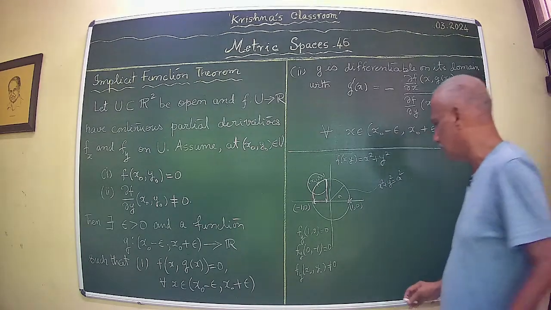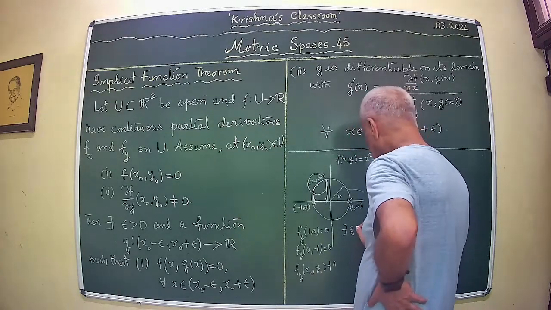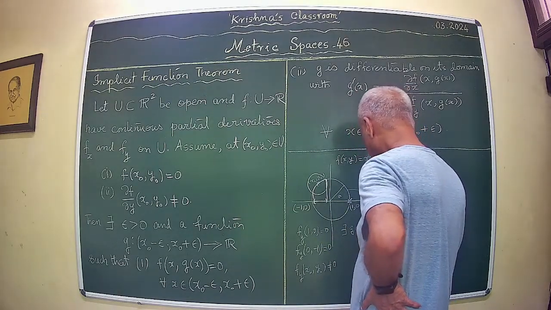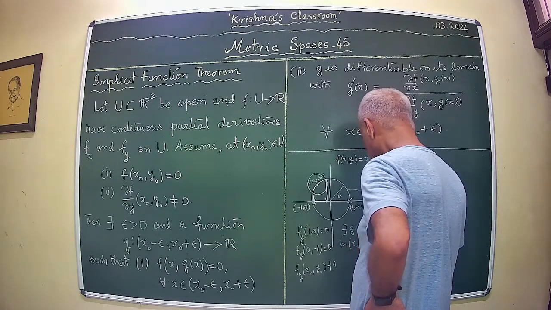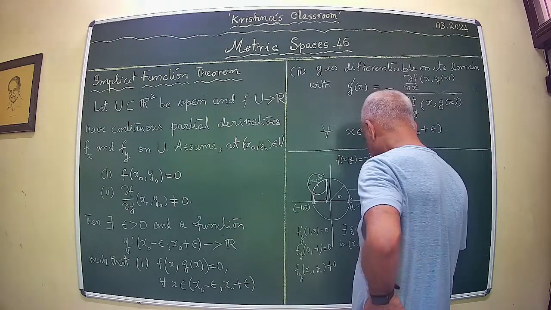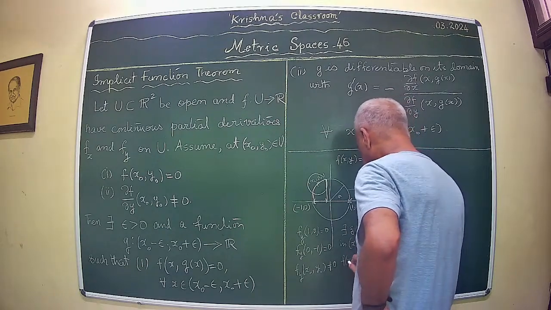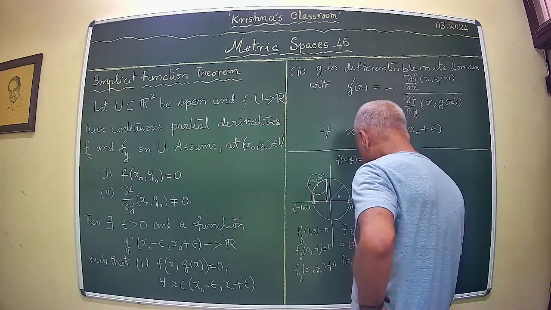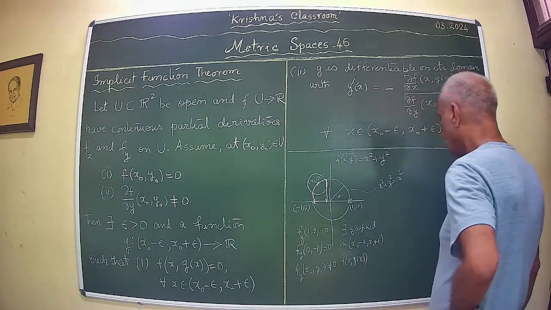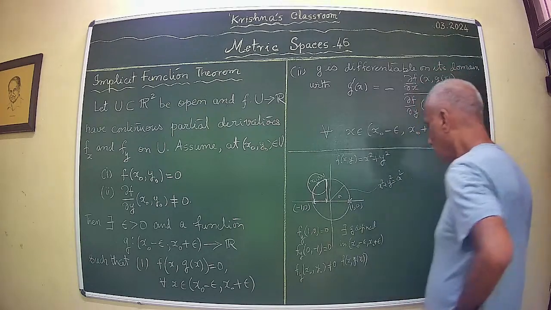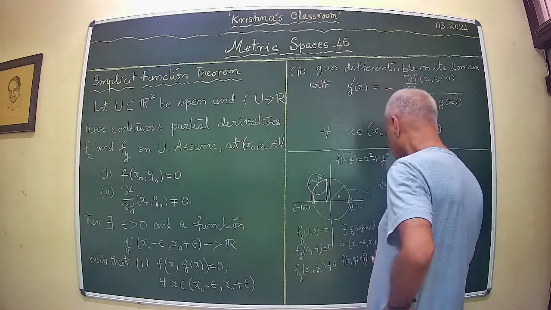That means there exists g defined in (x naught minus epsilon, x naught plus epsilon) for some epsilon positive such that f of (x, g(x)) equal to a square.